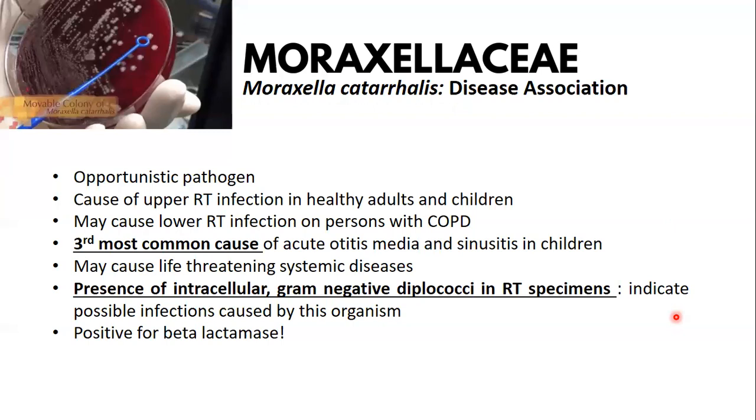Moreover, Moraxella catarrhalis is the third most common cause of acute otitis media, which is an inflammation of the inner ear, especially affecting the eardrum, and sinusitis in children. And for immunosuppressed individuals, this organism may cause life-threatening systemic diseases when it is able to spread through the blood and to other tissues of the body.